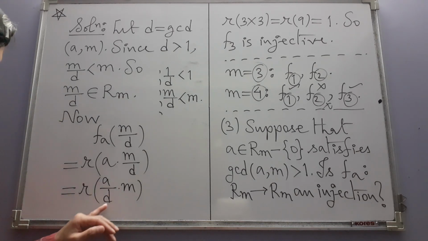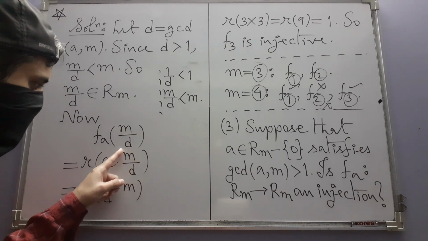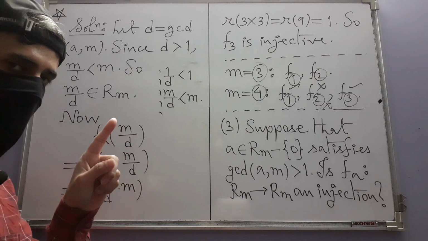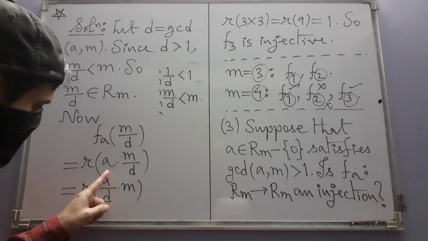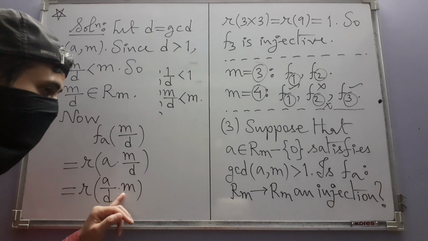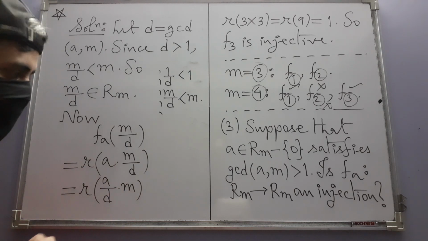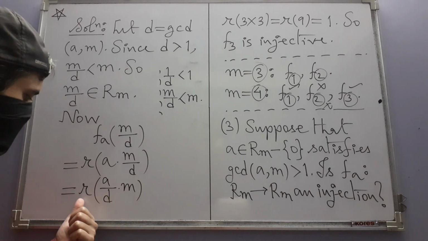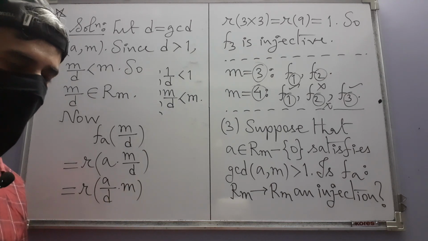Okay. Now the thing is that just like d divides m, because of which m over d is an integer, d also divides a. So a over d is also an integer. So that means here we are looking at an integer multiple of m, but remainder function with respect to what? We are dividing by m, right?